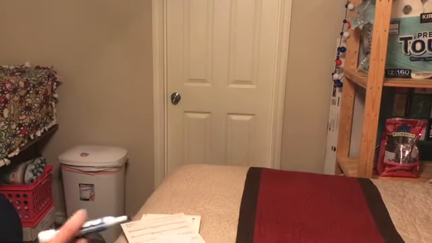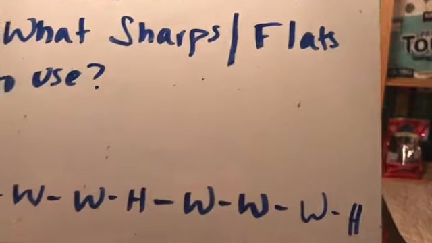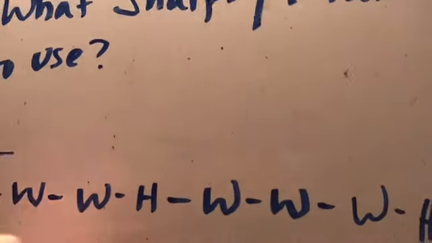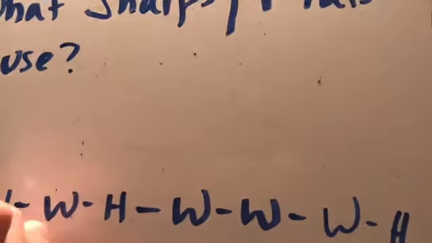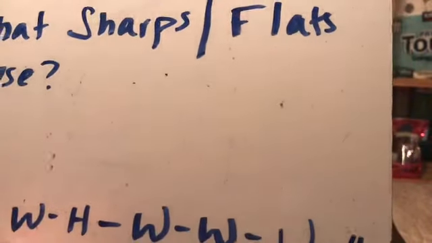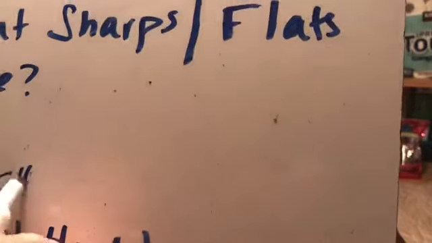So my first note here would be A, because we're in the key of A, so the first scale degree is going to be A. A whole step from A is B. A whole step from B is C sharp.